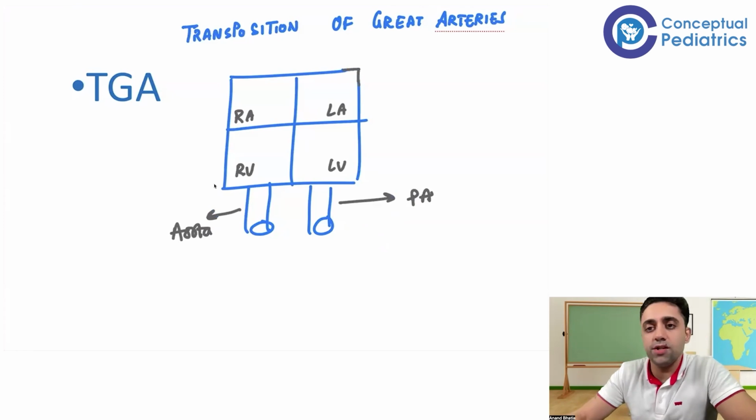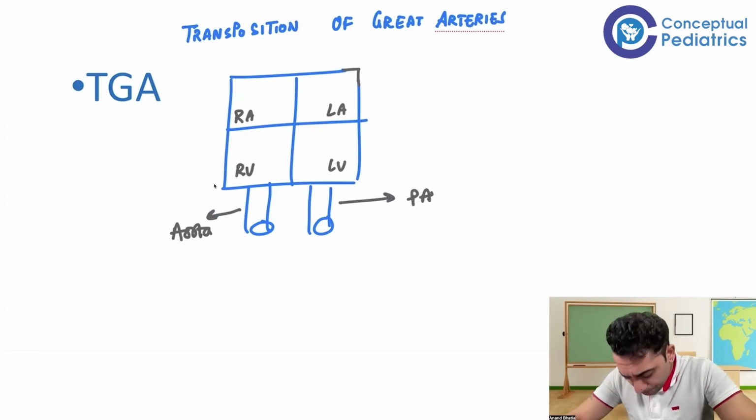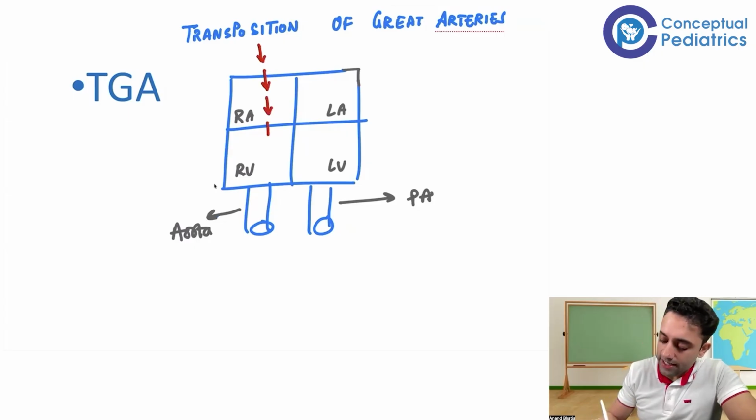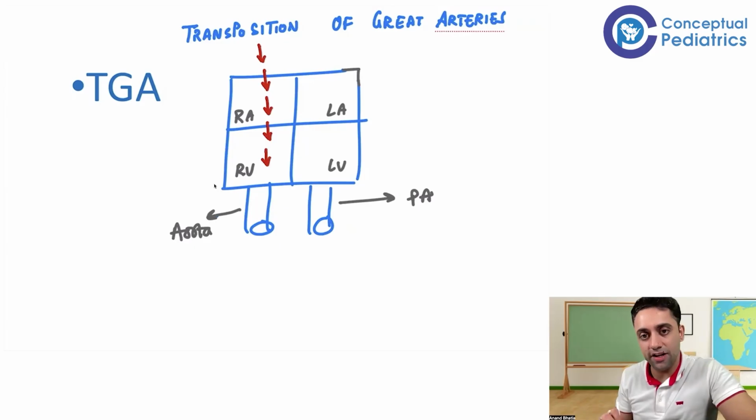So how will the patient live if the right side becomes the aorta and the left side becomes the pulmonary artery? How will the story start? We all know in our body, the deoxygenated blood enters the right atrium. From the right atrium, it enters the right ventricle.